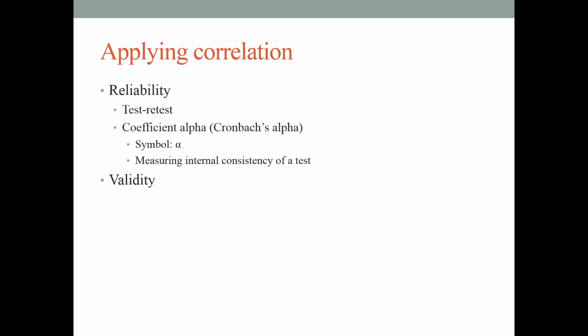Also, validity. Now, validity is much harder to establish because reliability is the consistency of a test, right? Just like you step on a weight scale 5 times, and it all comes out the same number. 130, 130, 130, 5 times.